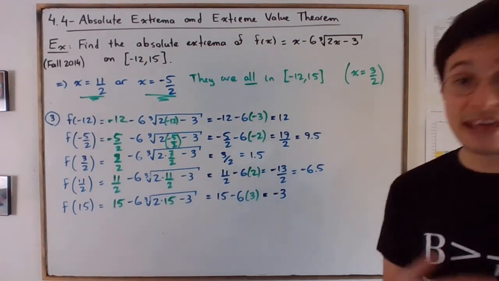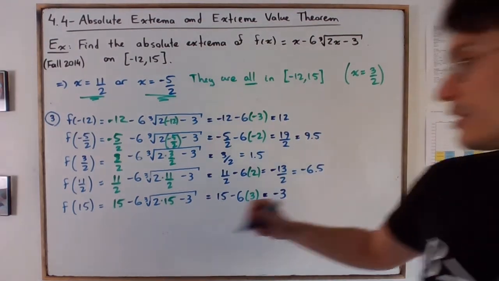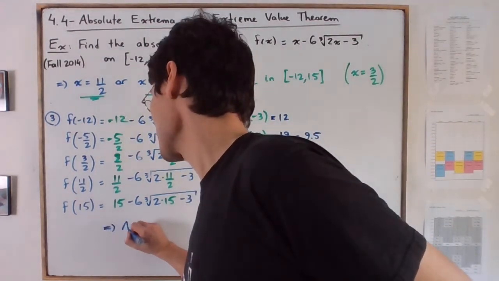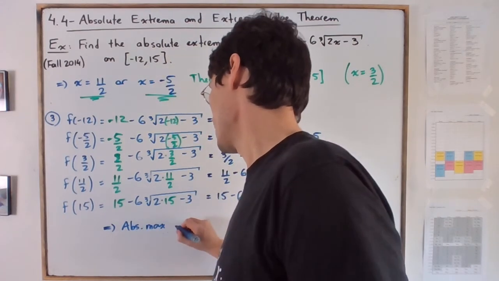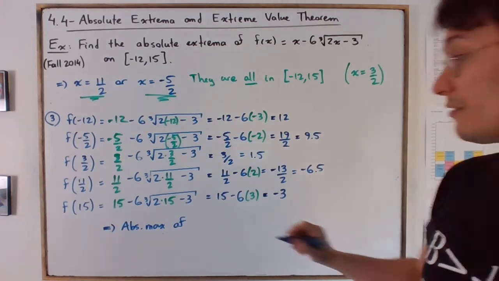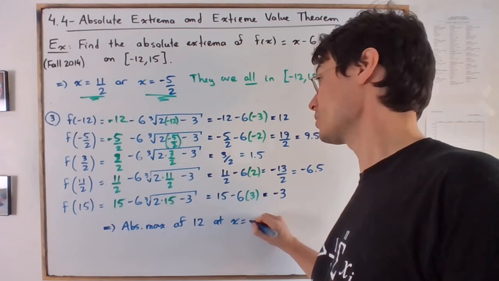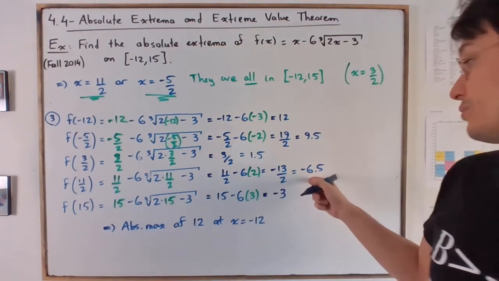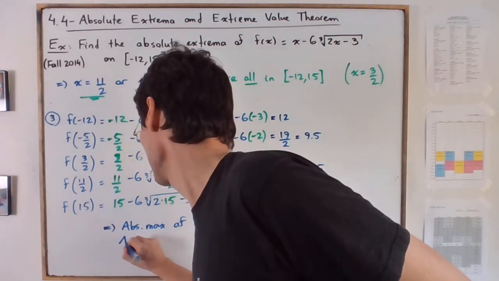All right, and then obviously the highest value is the absolute max, and the lowest value is the absolute min. Okay, so the absolute max is going to be the highest value, which is 12 at x equals negative 12, and the absolute min is right here at 11 over 2.